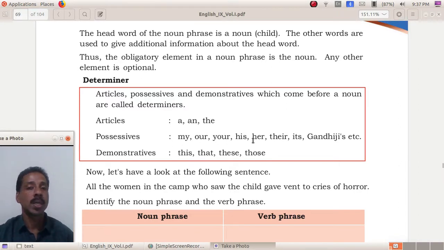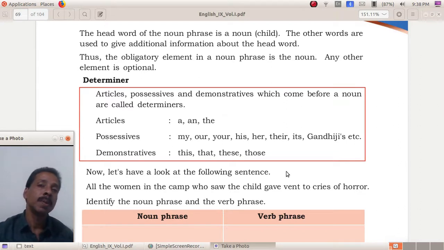My, our, your, his, her, their, its. And in the case of single nouns, Gandhiji's name, apostrophe s, etc. And demonstratives. Four demonstrative pronouns are there. This, that, these, and those. So three categories of words. All the articles, all the possessives, and all the demonstrative pronouns are called determiners.